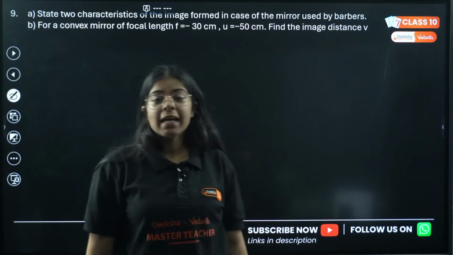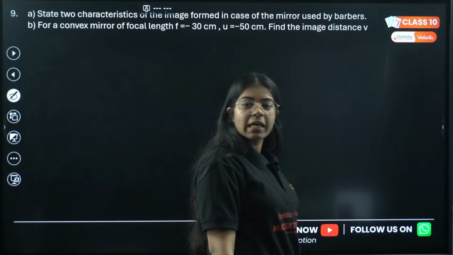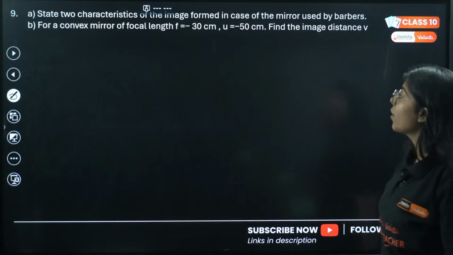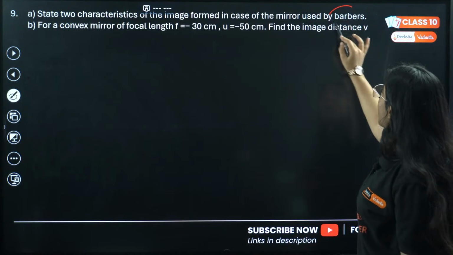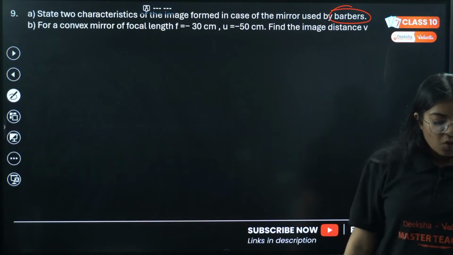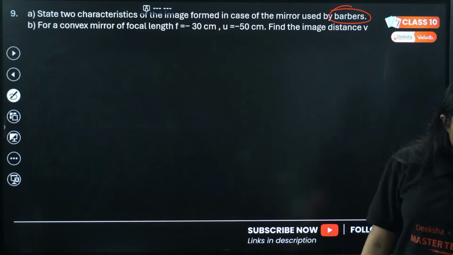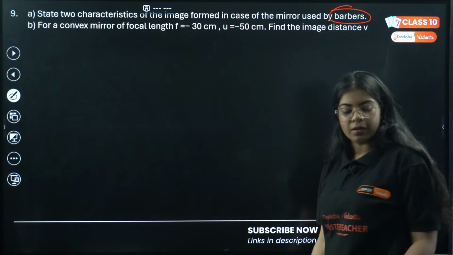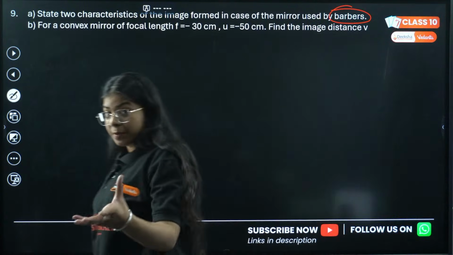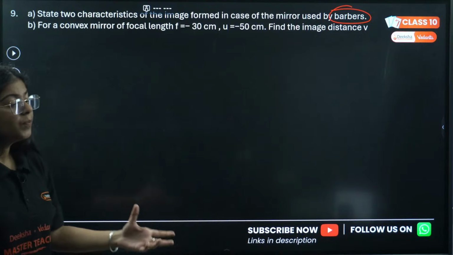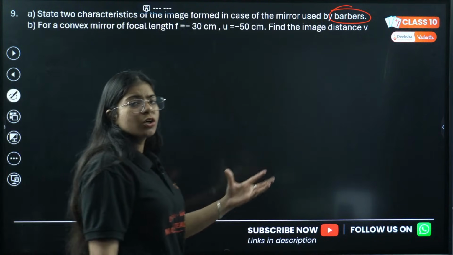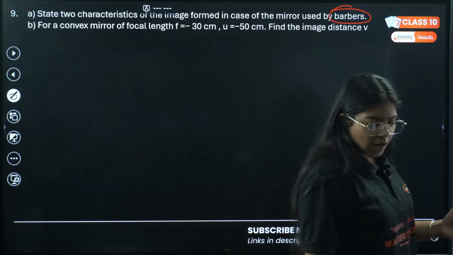State 2 characteristics of the image formed in case of the mirror used by barbers. First tell me what kind of mirror is used by barbers. Concave or convex mirror? When you go to a barber, do you see a magnified image or a smaller image?